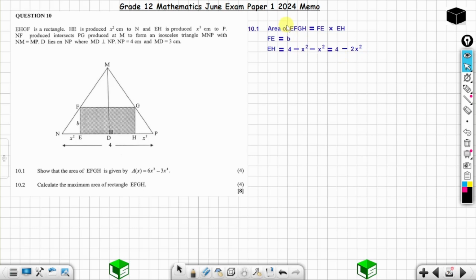Okay, so now the area of rectangle EFGH is equal to FE, which is B, times EH. This is EH. We have to find what B is equal to. Let me show you.